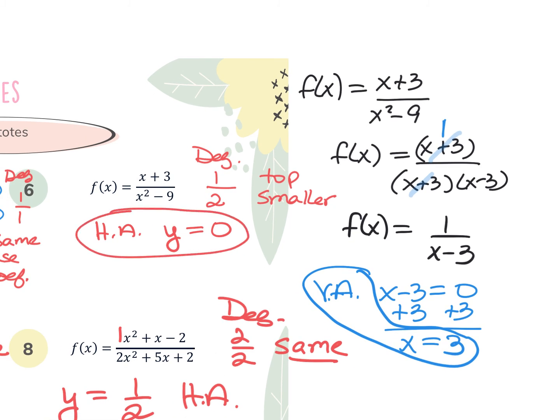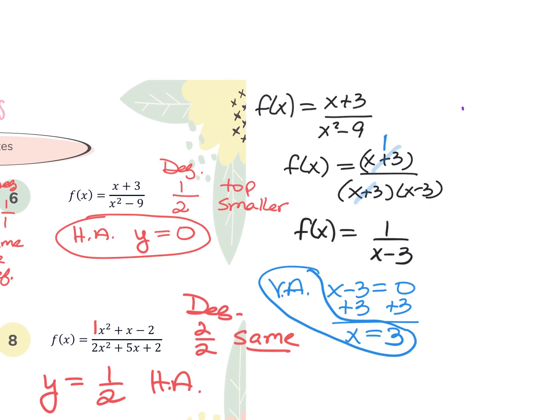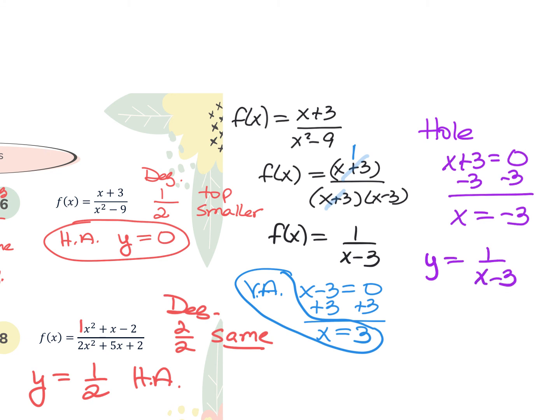This also has a hole. So because I was able to cancel a factor, I have a hole. Set the factor that was canceled equal to 0. This will give me the x of my ordered pair. And then to find the y, you're going to take the simplified function, and I'm plugging in negative 3 for the x.